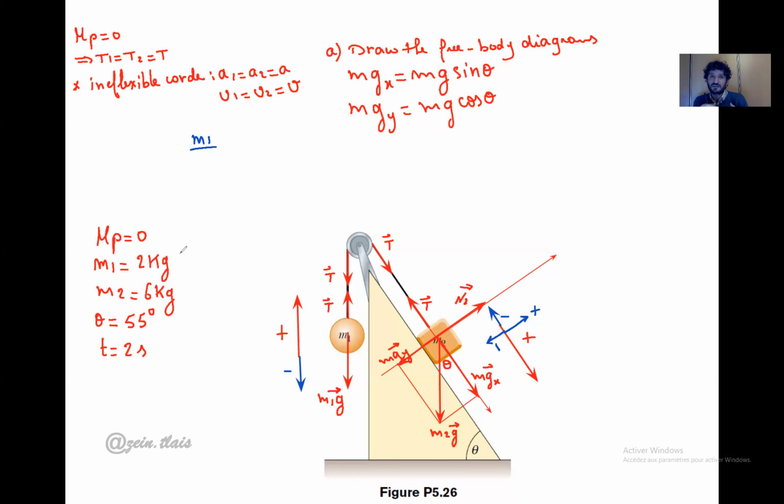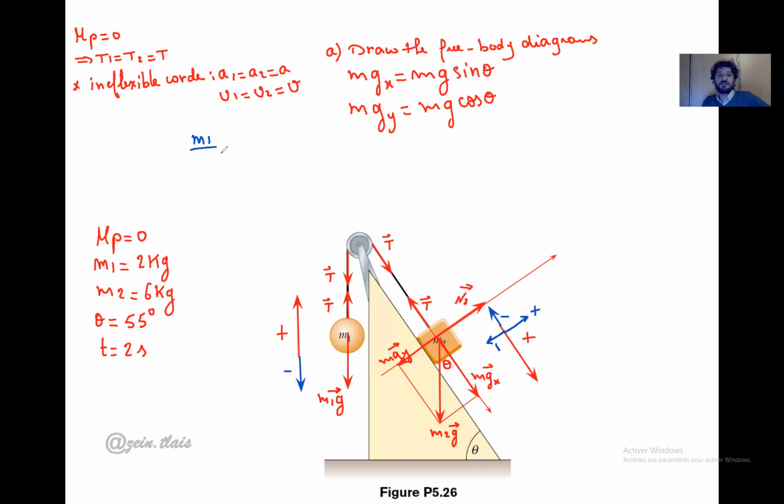Okay, it's important. You can use the kinematics equations to find the velocity. So now I am using Newton's law just to calculate the acceleration. This is a combination between the kinematics and the dynamics.